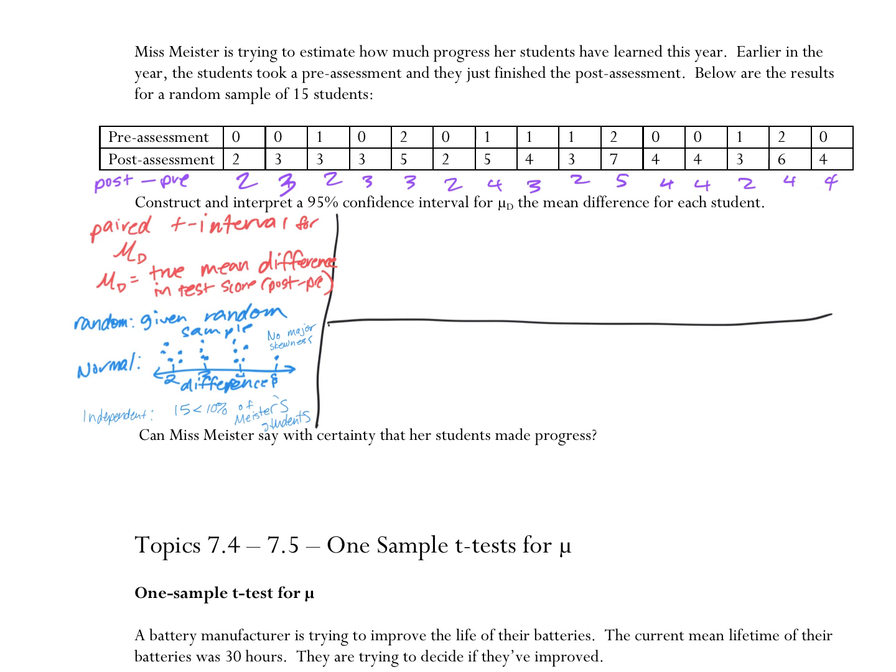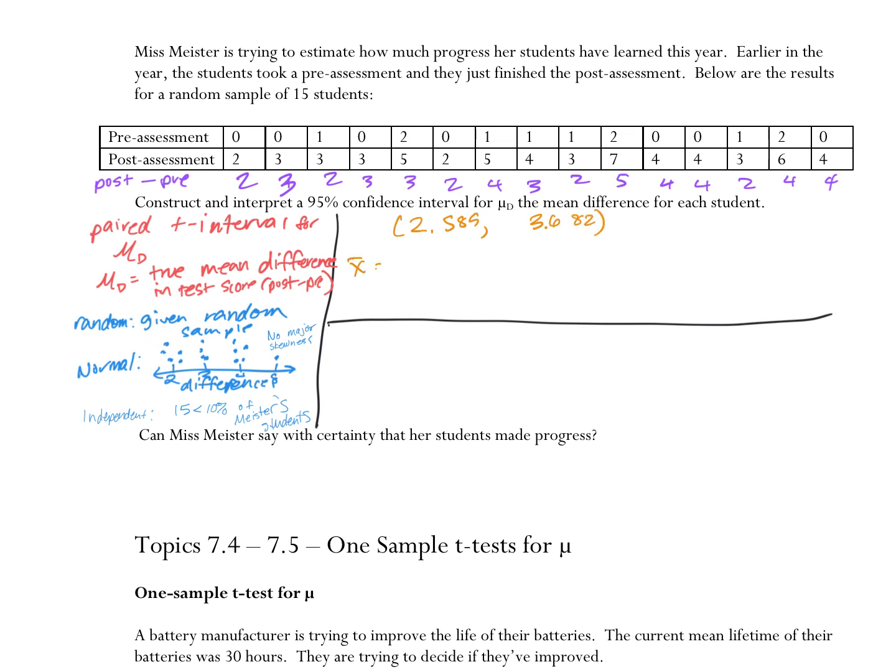All right, so I'm going to hit stat, test, t-interval. I'm doing it from the data on L1, 0.95. Is everybody with me? So I just typed into my calculator and I got the interval to be from 2.585 to 3.682.